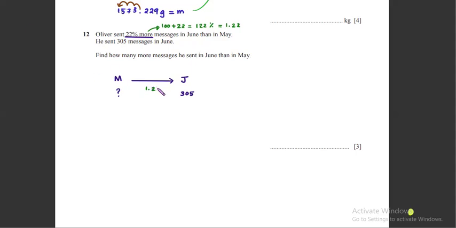Now, in the question that is given to us, we are asked to find what's the starting amount. We need to find what the starting amount is, while the final amount is given to us. Once we know what this percentage increase is as a decimal, we need to divide the final amount that is given to us by this multiplier to find the amount of messages he sent in May, which means this 305 that we have here has to be divided by 1.22.